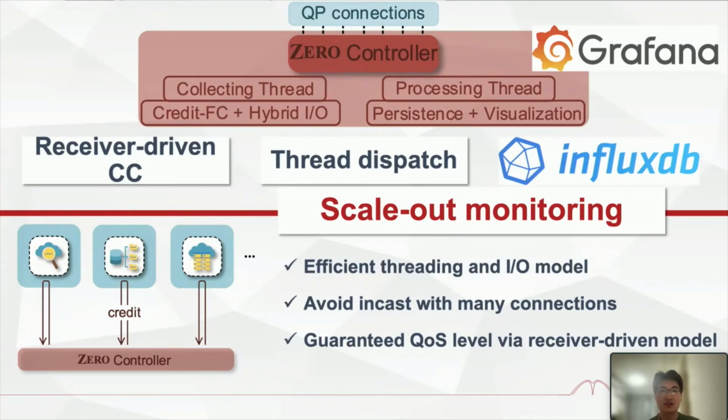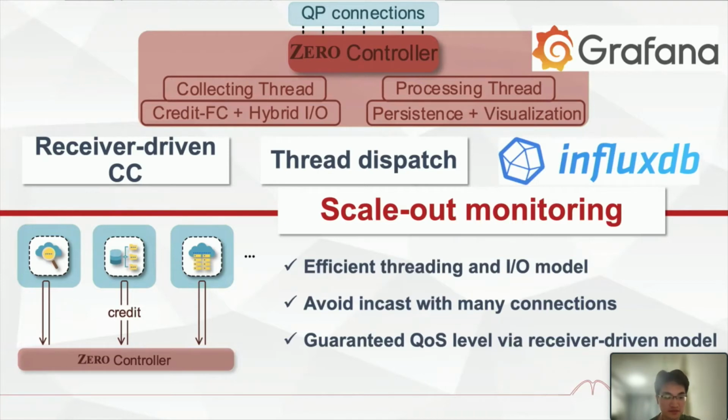On the collecting thread, a receiver-driven model is used to limit the total in-flight data of all connections that are created. As a result, the build-up queue at switches can be controlled.